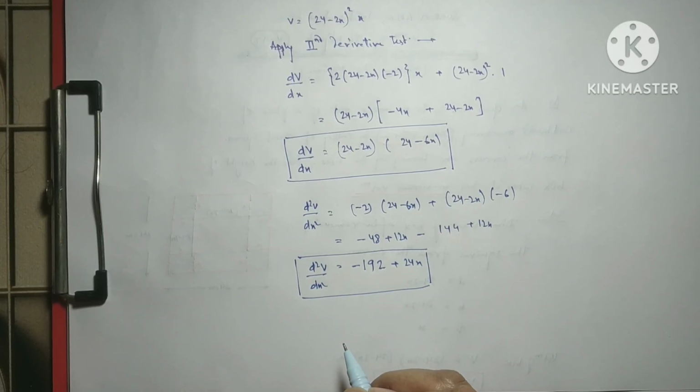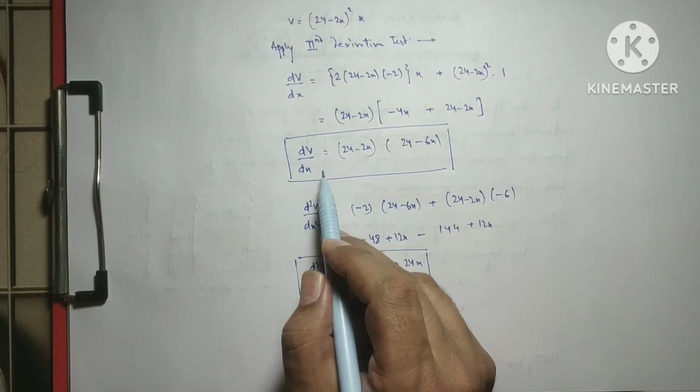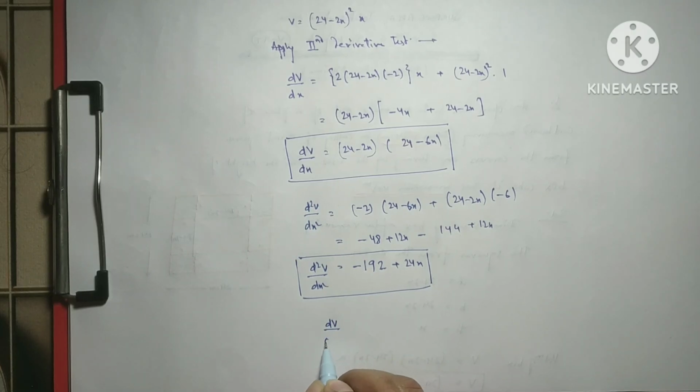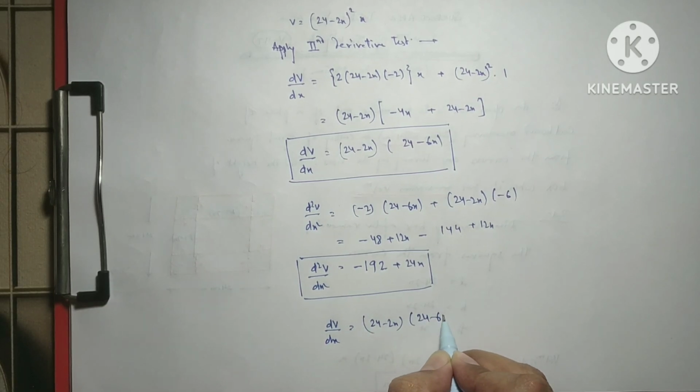Right now we will obtain the value of x for maximum volume. So the first derivative will be 0. So dv over dx, that is 24 minus 2x and 24 minus 6x equals 0.